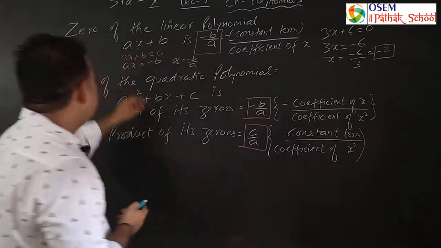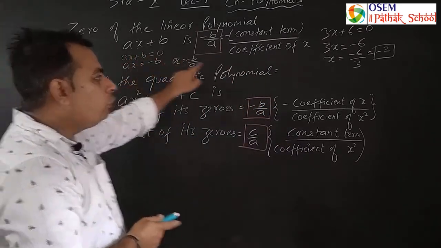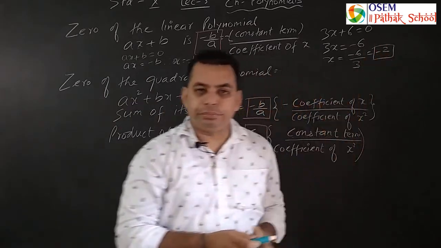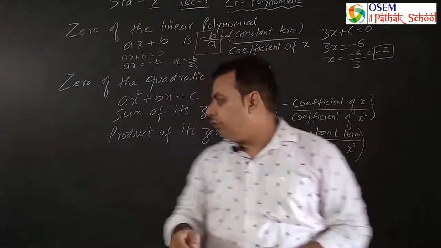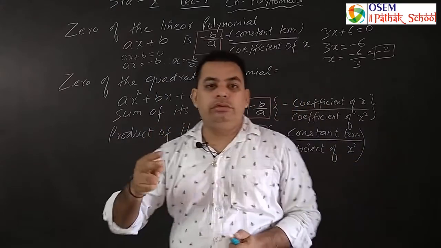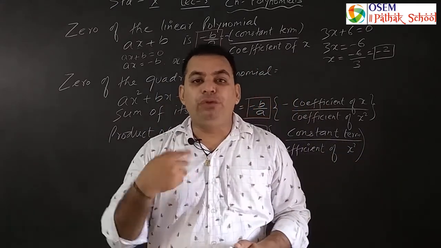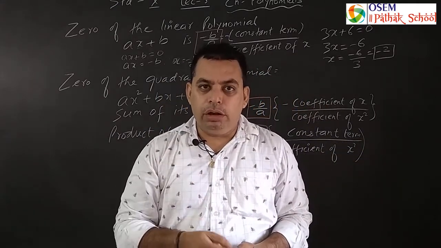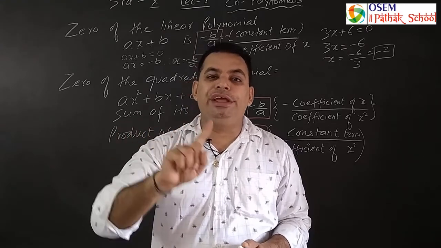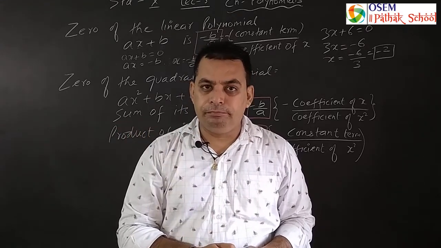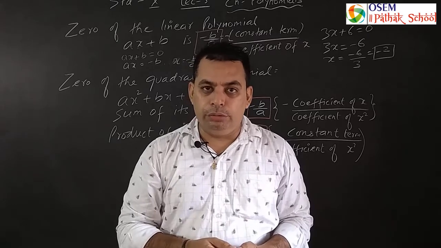Here the highest degree is 1, so you will get 1 zero. If you have a quadratic form, you will get 2 zeros. If you have cubic, then you will get 3 zeros. According to the power or degree, you will get that number of zeros. So this is about the linear polynomial.